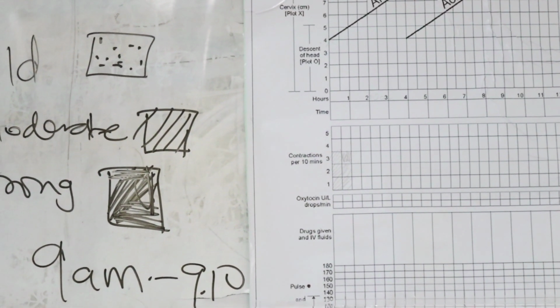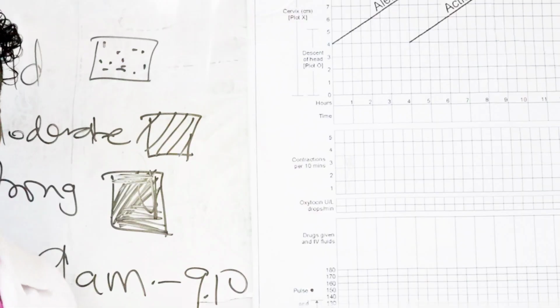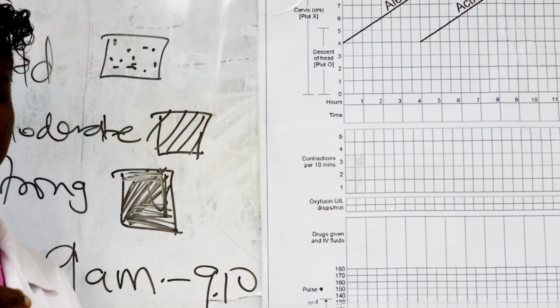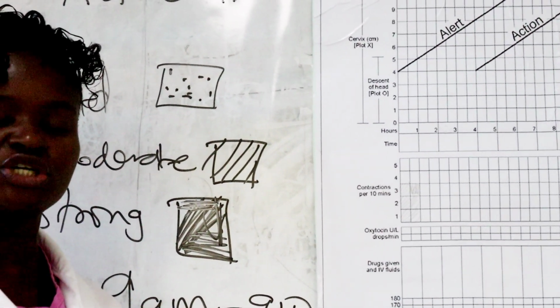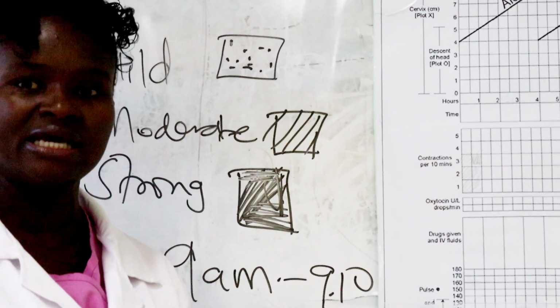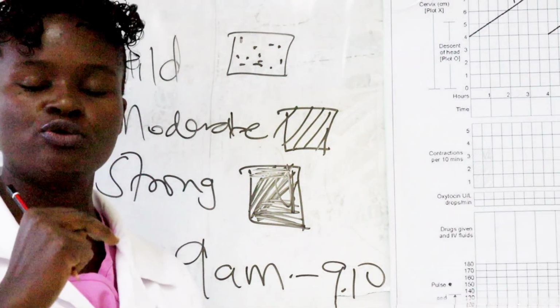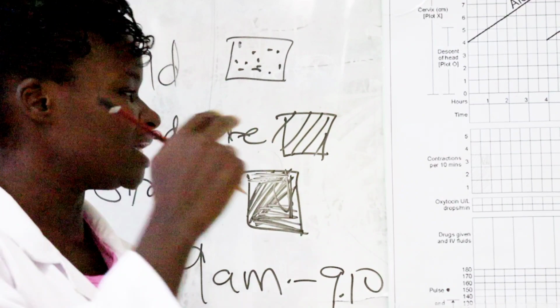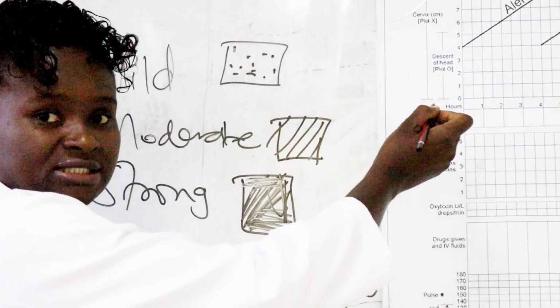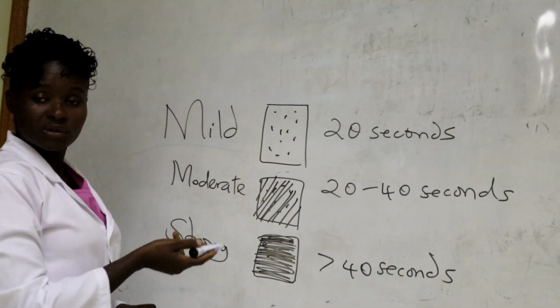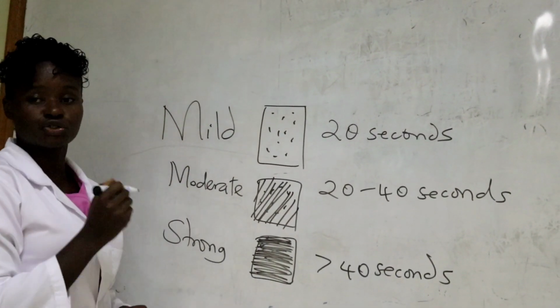I hope we are together on contractions. So what have we said on contractions? Number 1, when you're charting contractions, you must note the frequency and duration. You are charting contractions every half hourly within 10 minutes. So how many contractions are you getting within 10 minutes so that you can chart going upwards? And remember, you can always cross-check with the uterine contraction scale.